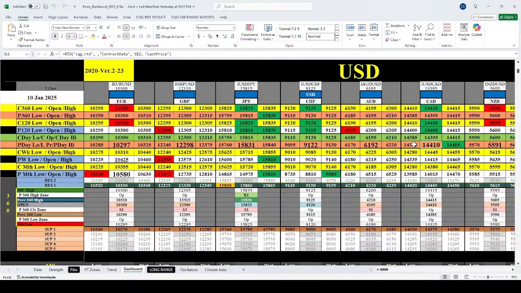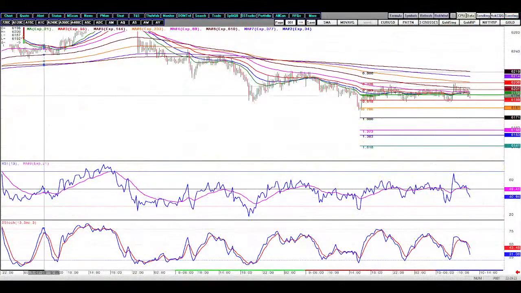Expect to test 144.15. If it breaks, we should see 144.40 and 144.55. Okay, let's tally it with the chart.